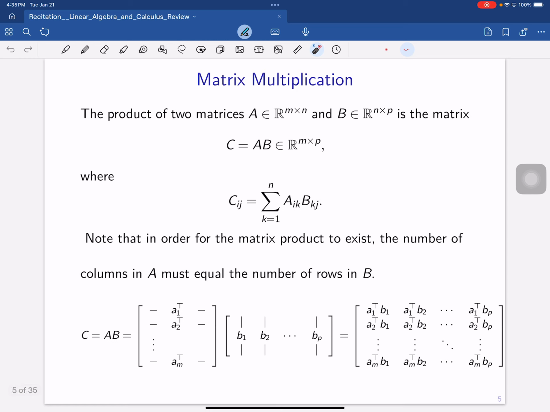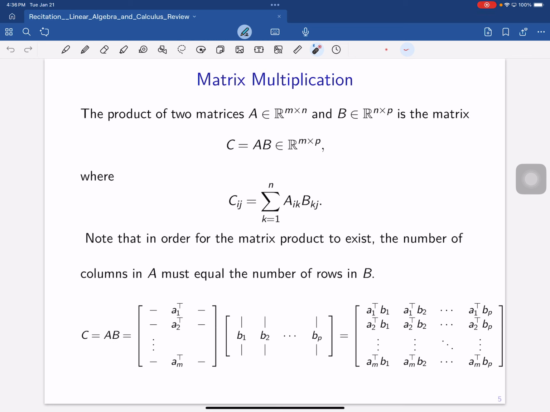And then another simple thing in linear algebra is matrix multiplication. Just quickly review the notation here. If you have matrix A, which has m rows and n columns, and B with n rows and p columns. Remember, in order for matrix multiplication to happen, the number of columns in A must equal the number of rows in B, right?